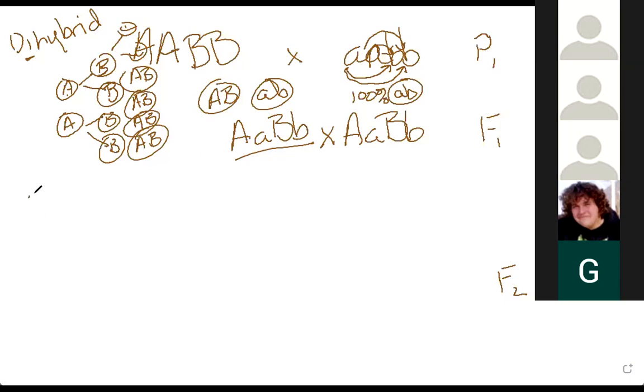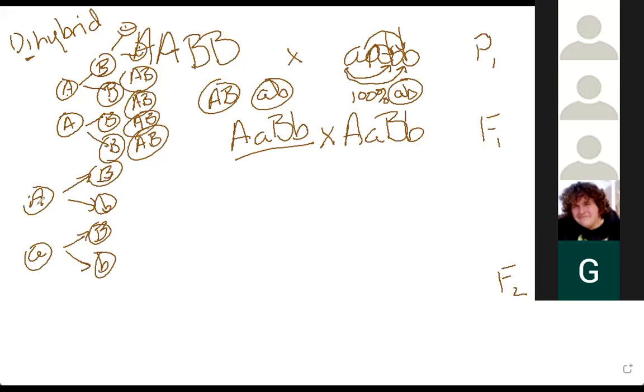So again, we can use our little diagram like this. Make life easy. Which means that, what do they have? Because every locus, or every gene, has to be represented in the gametes. Okay?